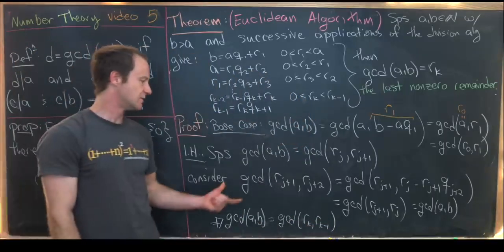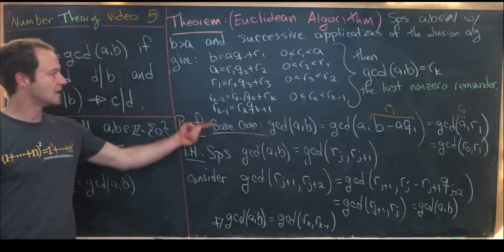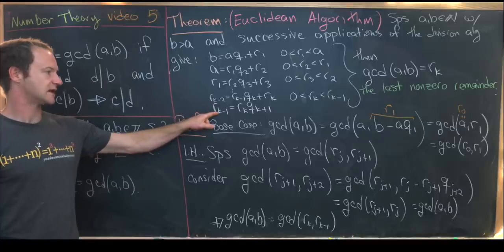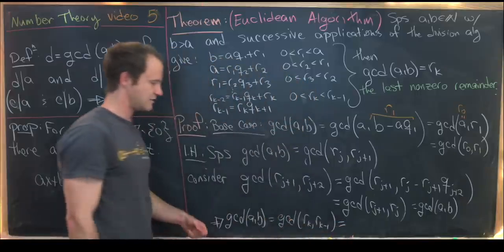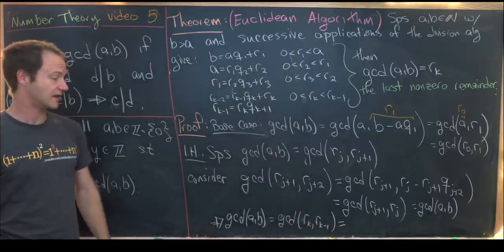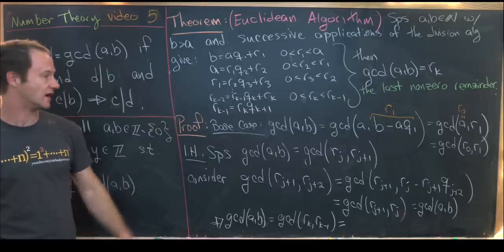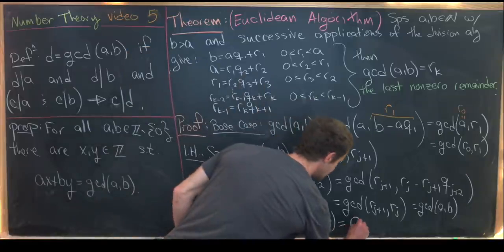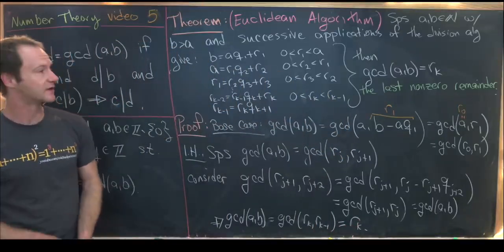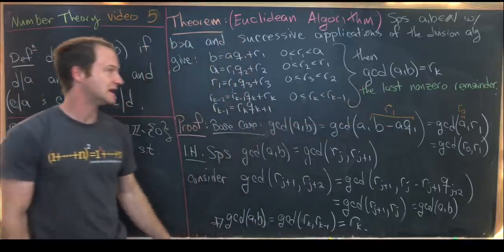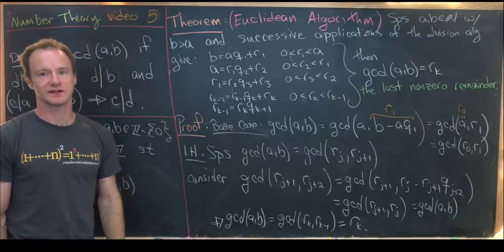That's just, again, because Rk and Rk minus 1 are successive remainders. But this guy right here says that Rk minus 1 is a multiple of Rk. So anytime you have some setup like that, you know that the GCD is whichever one is dividing the other. So here we have the GCD is Rk. But that's exactly what we wanted to end up with. The GCD of A and B is Rk, the last non-zero remainder after doing this process.